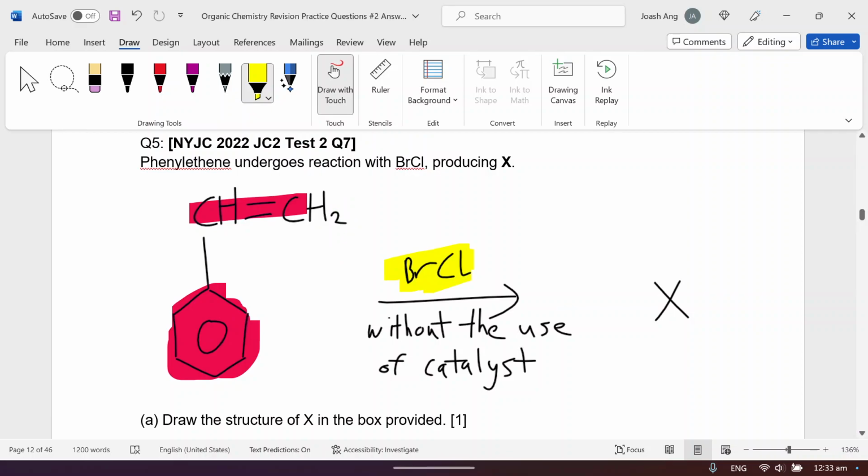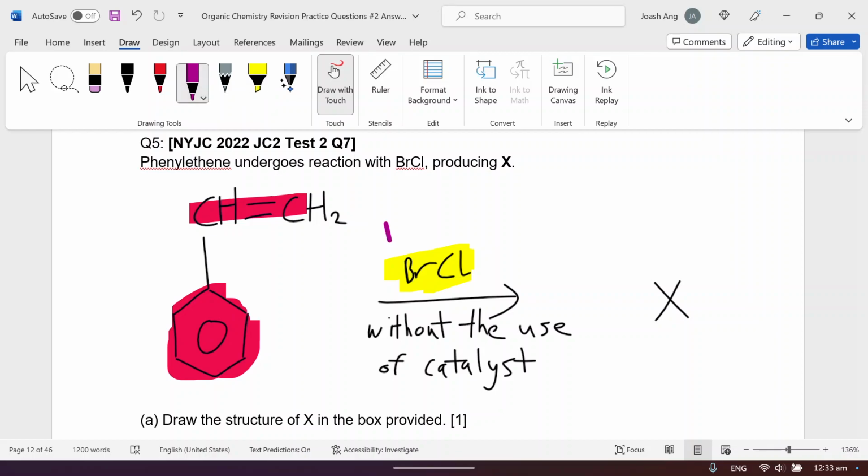How we know BrCl is an electrophile is that chlorine is more electronegative than bromine, and bromine will possess the partial positive charge.